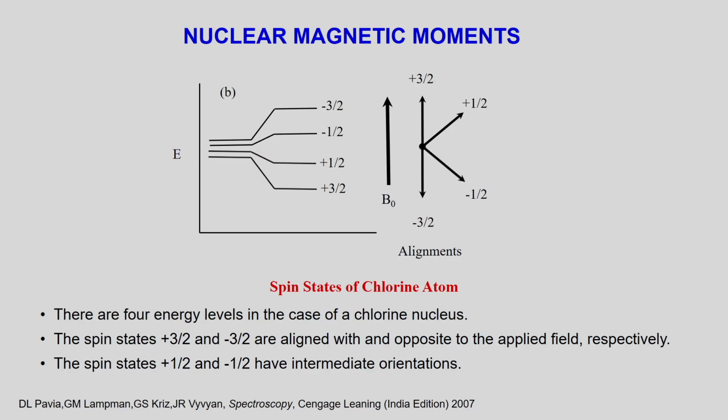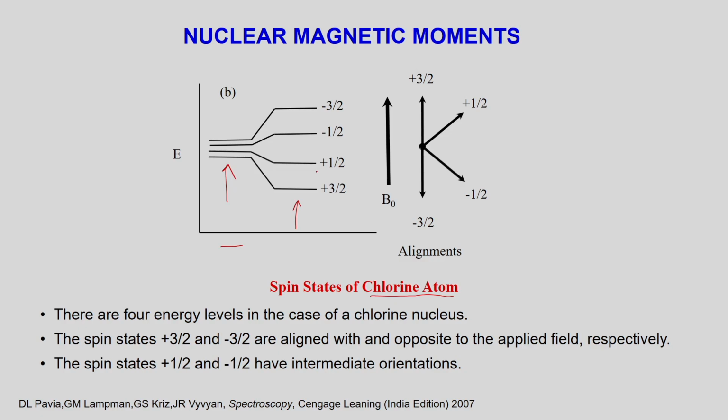Now, let us see the chlorine atom. In the chlorine atom, we saw that it has 4 spin states: plus 3 by 2, plus half, minus half and minus 3 by 2. When there is no field, these are all lying close to each other. When there is a field, they split into different energy levels. So, here there are 4 energy levels.